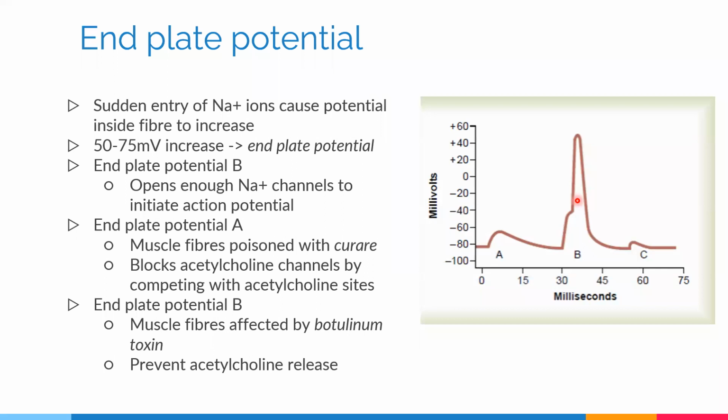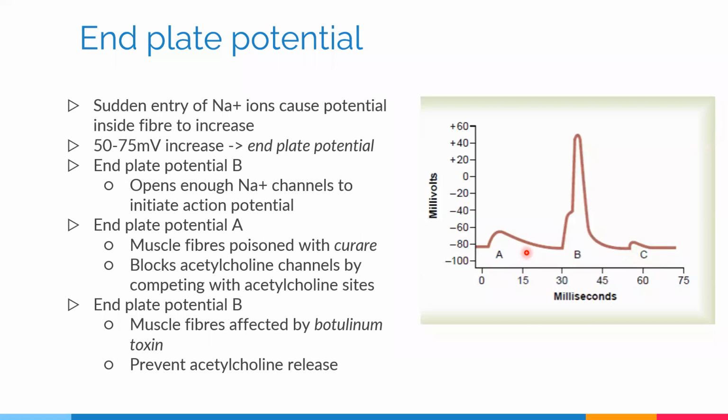This end plate potential can produce such a depolarization, allowing as many sodium ions to flow into the muscle fiber as needed for the continuation of the action potential. But in the case of end plate potentials A and C, we can see there is stimulation, but it is not enough to generate a full-blown action potential.